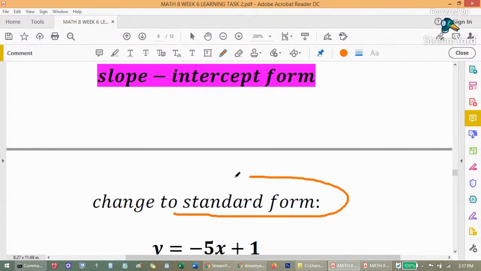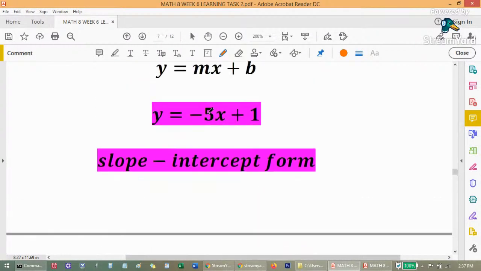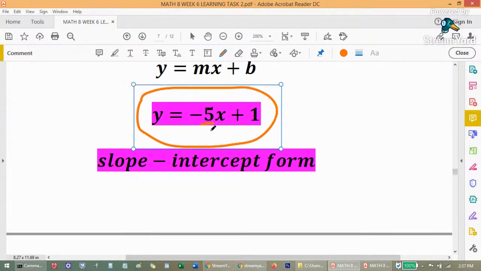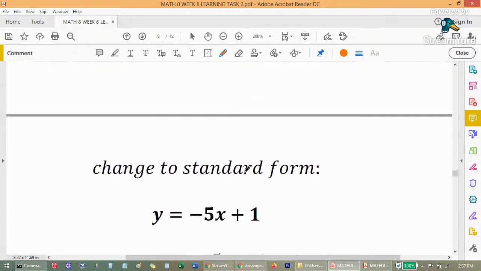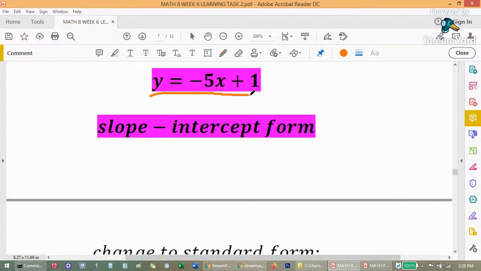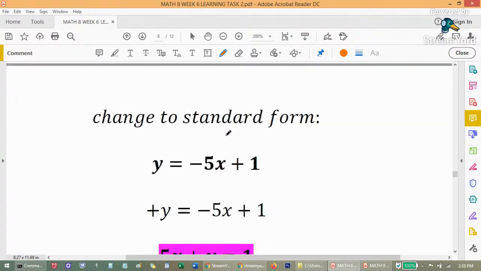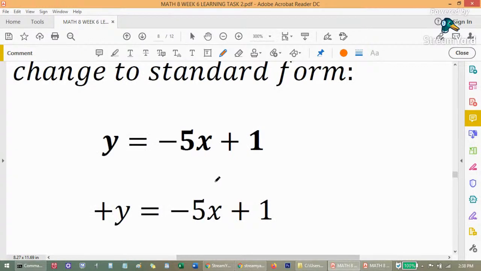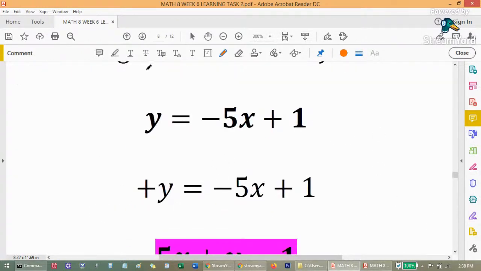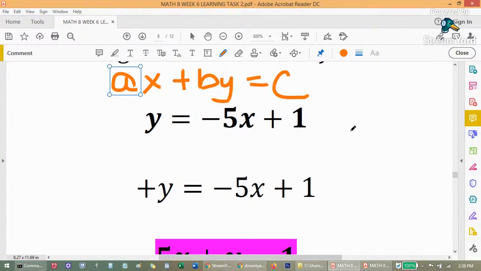So, hanapin daw natin ang standard form. Copy natin to, yung pinakahuling line na walang mga fraction. Y is equals to negative 5x plus 1. Okay? Since gagawin natin tong standard form, kailangan to is ax plus by is equals to c.